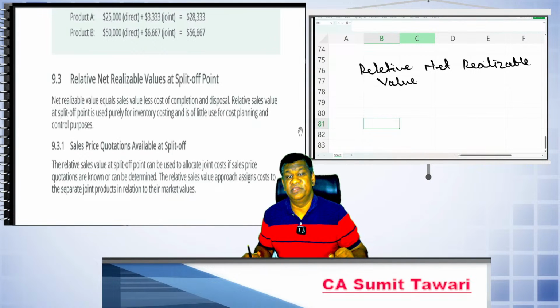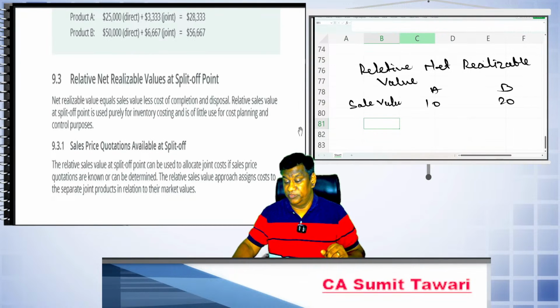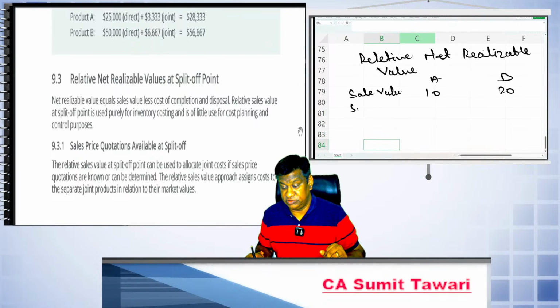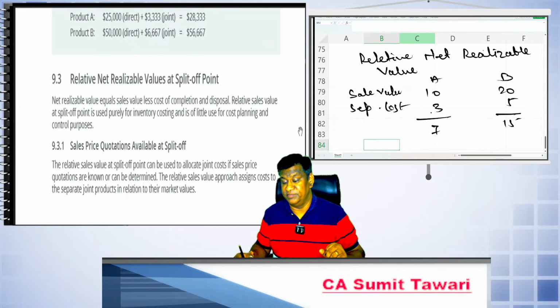So what happened here? Say for the end product, the sale value of the end product is here 10 and here 20. Separable cost, maybe here 3 and here 5. So what is the net realizable value at split-off point? 10 minus 3 is 7, 20 minus 5 is 15.